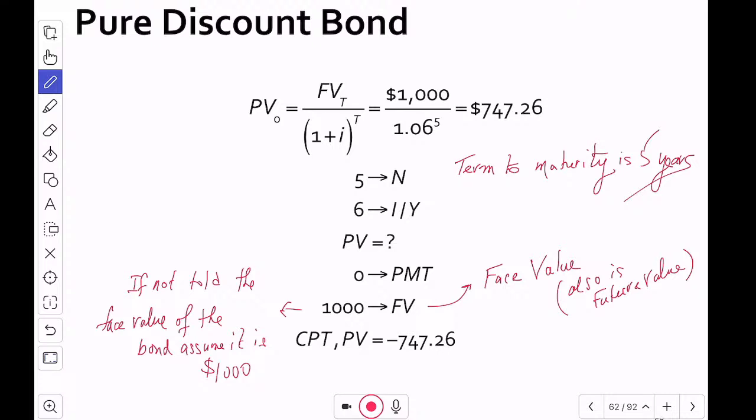So if no one tells you, if a question doesn't tell you, you assume it's $1,000. And face value can be in reality even $5,000, but it's standard to use 1,000, and the text uses 1,000. Or it's usually 1,000.